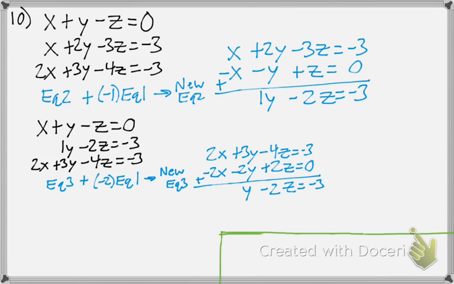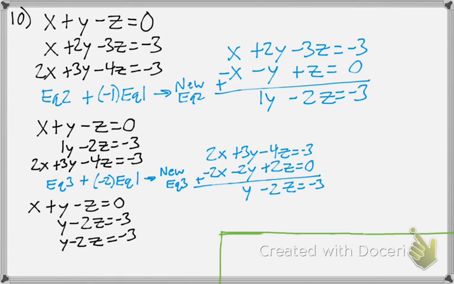So if I update my system, then I have x plus y minus z is equal to 0, and I have y minus 2z is equal to -3, and y minus 2z is equal to -3. So you can kind of see here that we have a situation where our equations are the same.